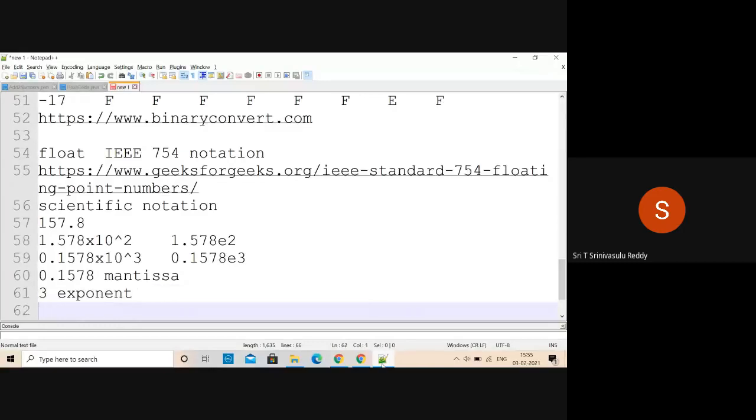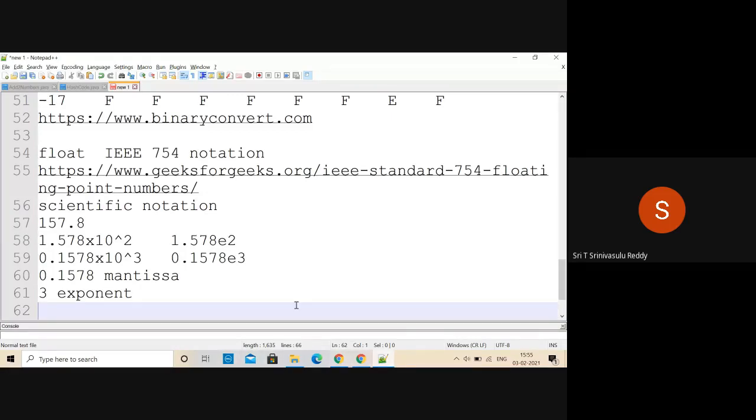This is with respect to the decimal number notation. The same thing is there in binary notation also, three parts essentially: sign bit, exponent bits, and mantissa bits. First of all, all of you need to understand what a mantissa is.